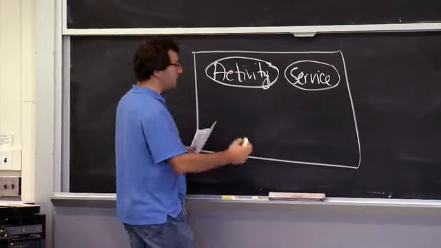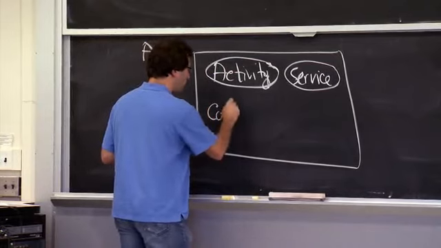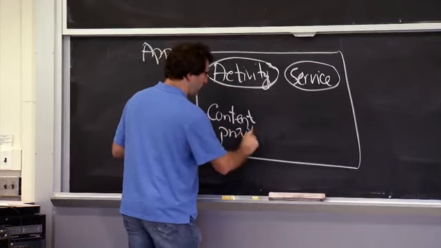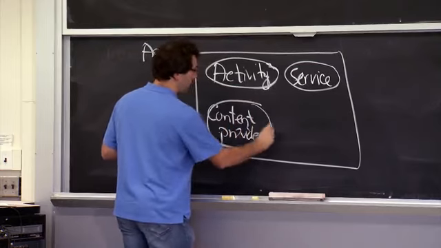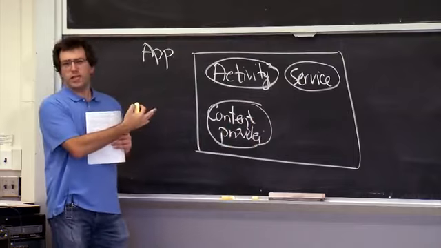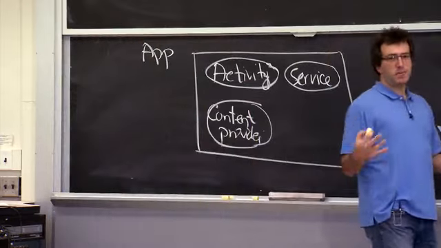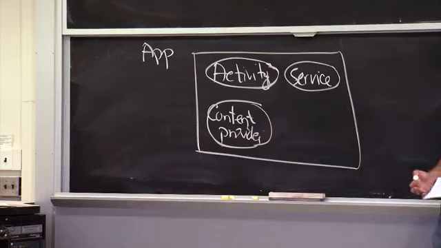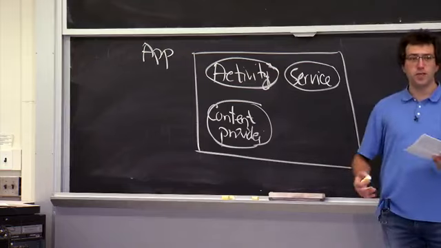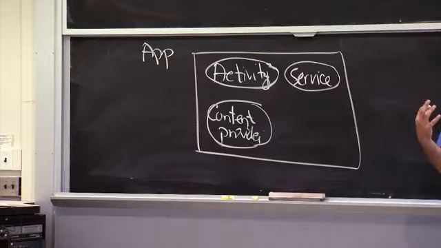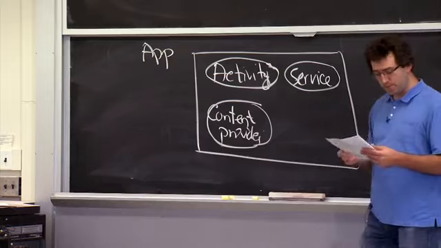Then there's a content provider component. You can think of it as a SQL database that you can define. You define a couple of tables with a schema, et cetera, and you can run SQL queries over the data stored in an application. Having it be a component allows the framework to control access to this database, to say who's allowed to run queries against it.